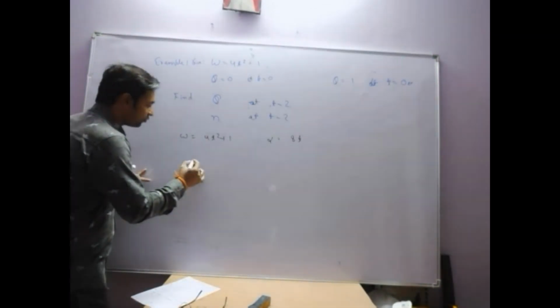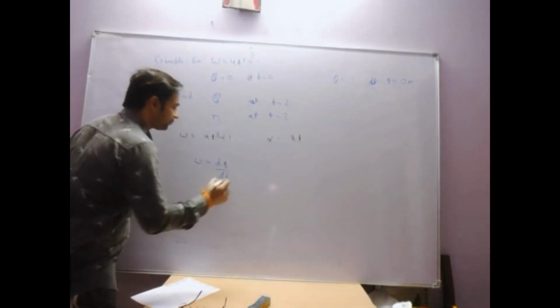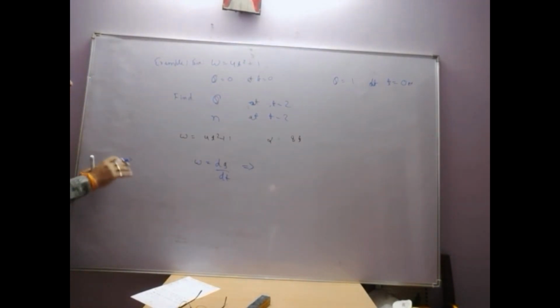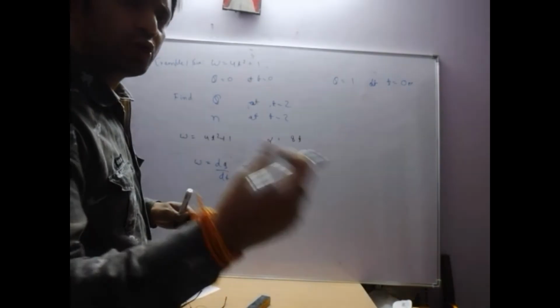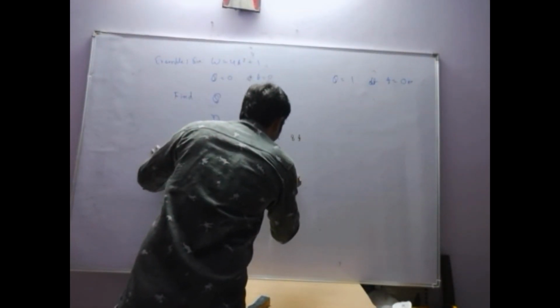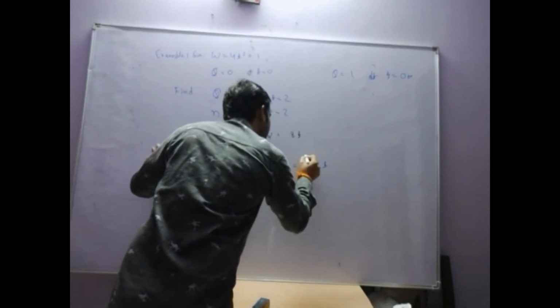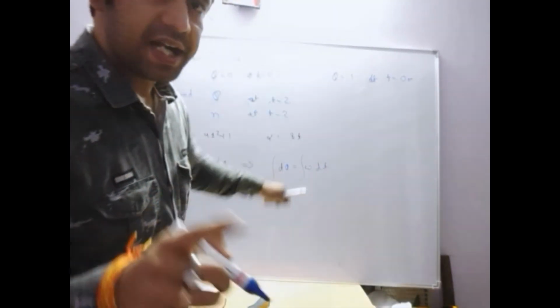So we use omega equal to d theta by dt. We can solve for both of the cases. Now we are going to integrate the equation.